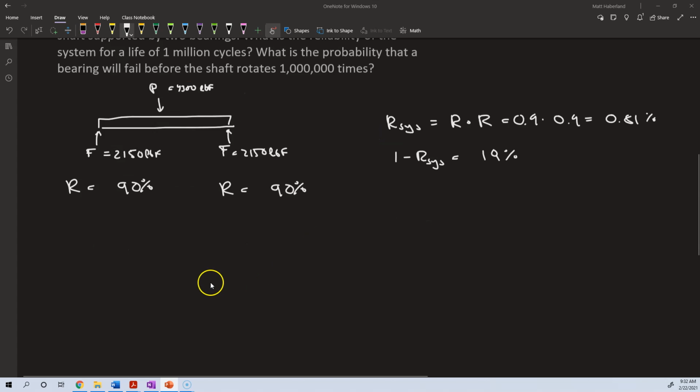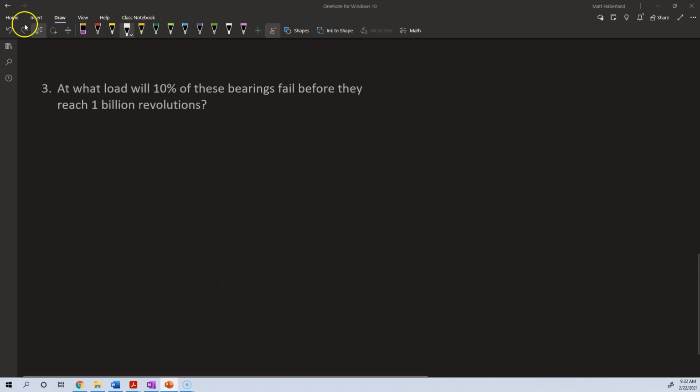Let's go ahead and solve this one. At what load will 10% of the bearings fail before they reach 1 billion revolutions? Let's start out by writing what we just learned: the force times x, the relative life, to the 1 over a is equal to a constant.